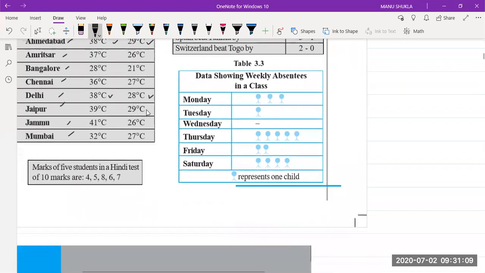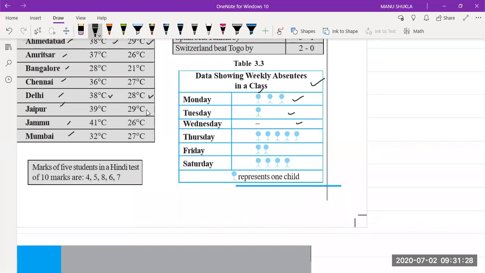Now you can see one more table showing data of weekly absentees in a class. You can see on Monday, first week, 3 were absent on Monday, 1 absent on Tuesday, no one absent on Wednesday, like this.